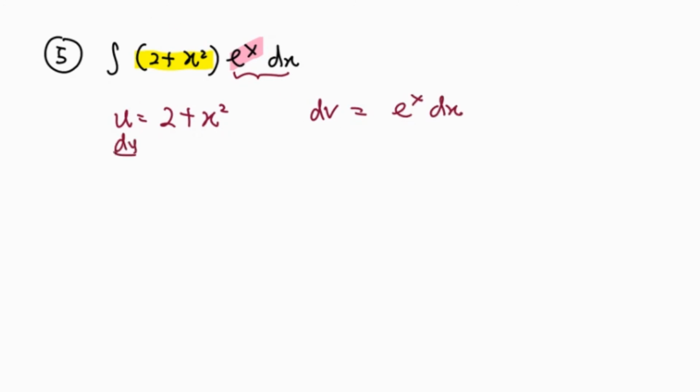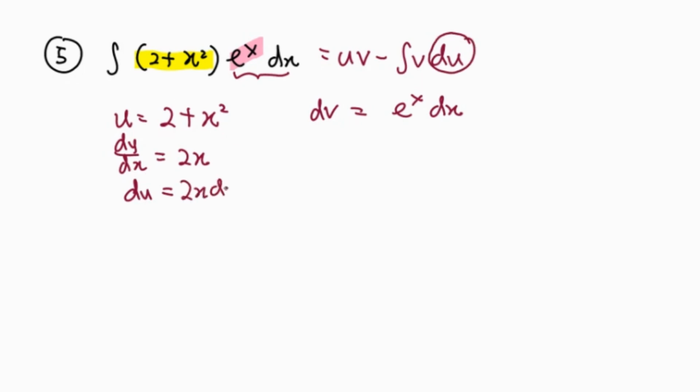Therefore, differentiating u with respect to x, it becomes 2x, and we must obtain du because our formula is uv minus the integral of v du. Then for the dv part, we integrate both sides, so that dv equals v. Integrate e^x, it is equal to e^x.